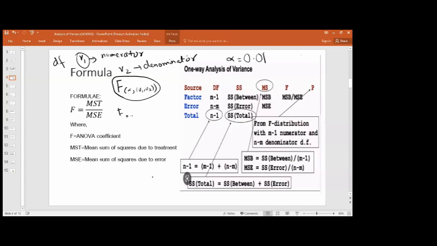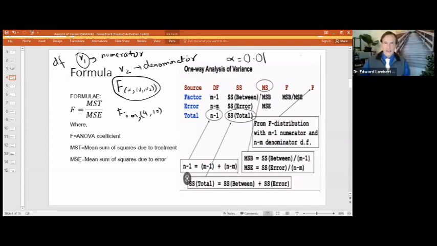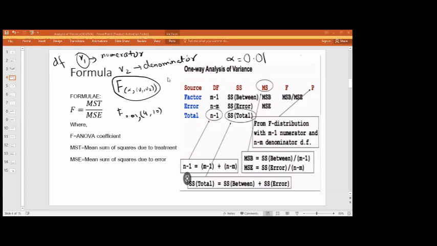Let me tell you. Can you see the table of the F distribution? Yes, we see it right now. For example, we have a level of significance 0.05. This is the table of numerator degrees of freedom, and this is the denominator degrees of freedom.